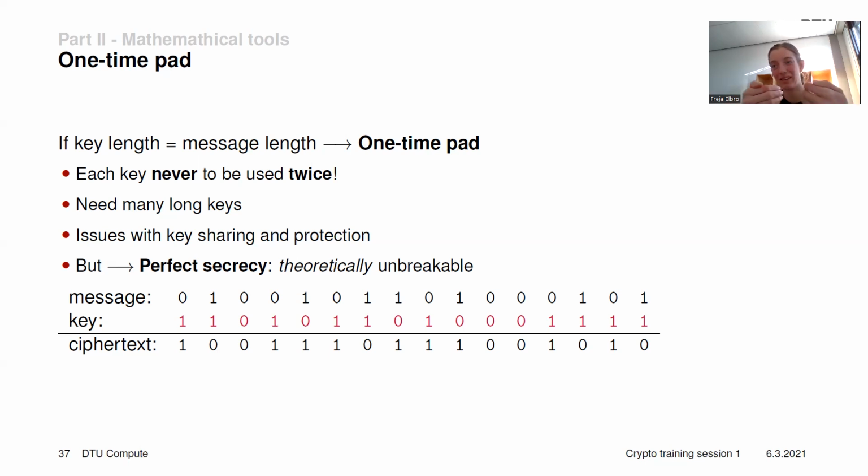When they finish the message, they make a little mark, this is where I got to, and then continue using it. So next time they send a message, they can continue using the key, and that way they never reuse the same part of the key. Of course this is impractical, but if you really want to be pedantic about your security, this is the only way.